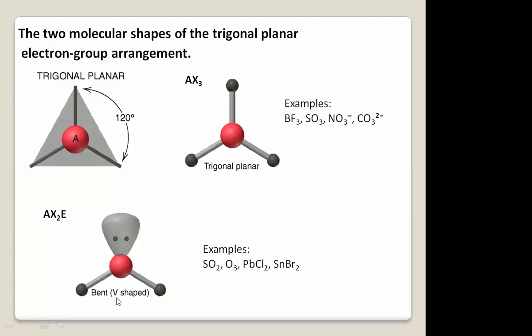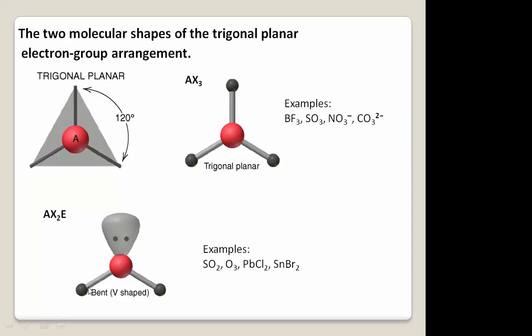But a deviation that you have is an sp2 hybridized orbital, but it has a lone pair. So instead of AX3, you have AX2E. The E here is the lone pair. And this lone pair will stand in one of the positions of X. As a result of that, you have a V shape, a bent shape.